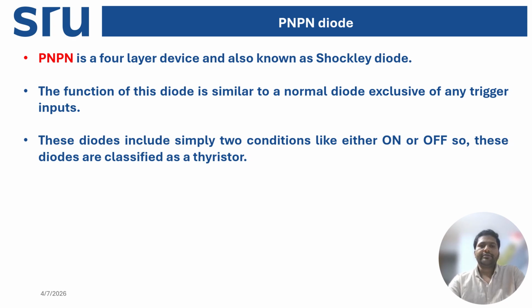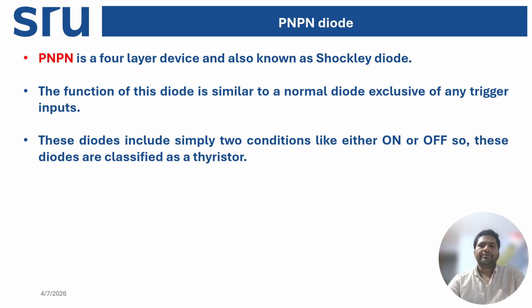The function of the diode is similar to the normal diode, except for any trigger inputs. These diodes have simply two conditions, either on or off. So these diodes are classified as thyristors.